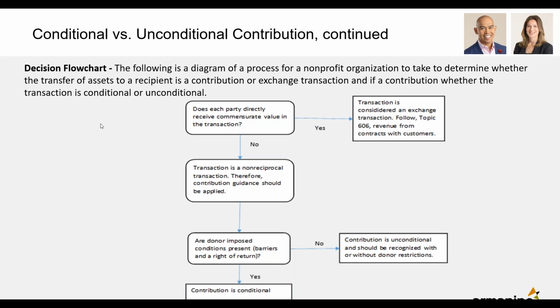But if not, as we've been talking about, it's non-reciprocal, there's no commensurate value that's going to be received, the award is going to benefit the clients of the organization or the general public, then that's where you're identifying whether or not it's a conditional or unconditional contribution.